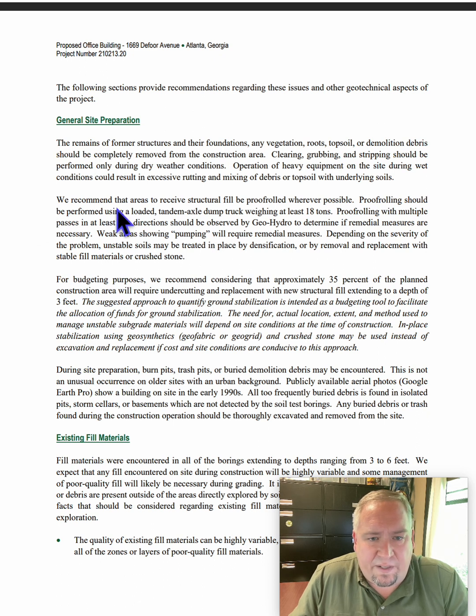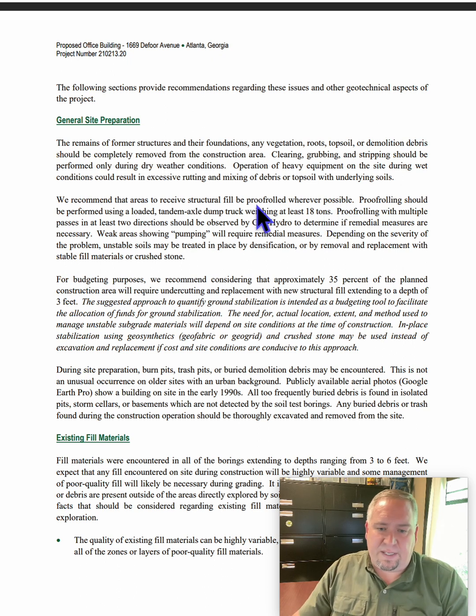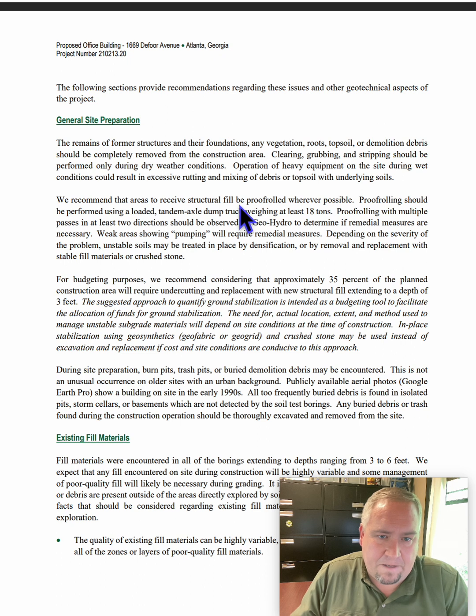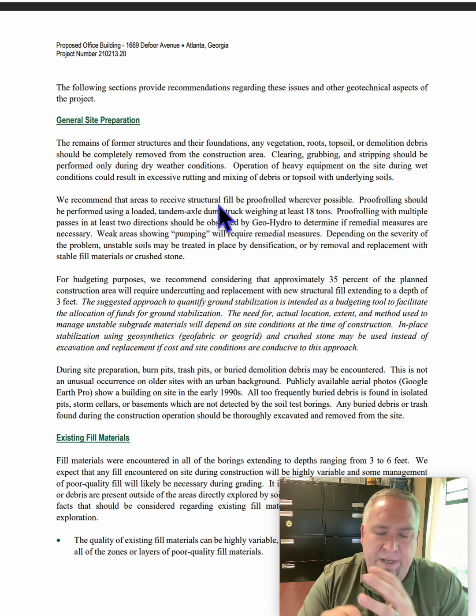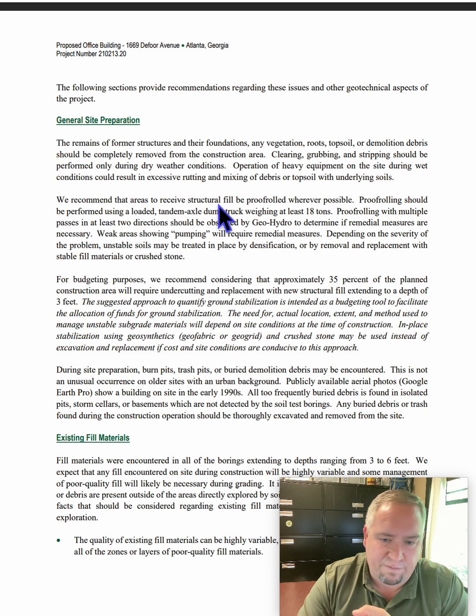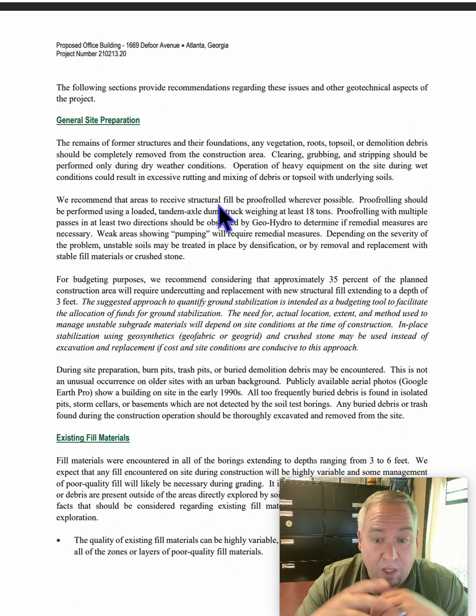We recommend that the areas receiving structural fill be proof rolled whenever possible. These are areas in the roadway, parking lot, building footprint, anything that's holding up some kind of structural footing or heavy load.